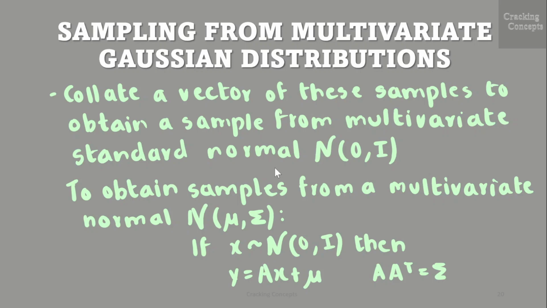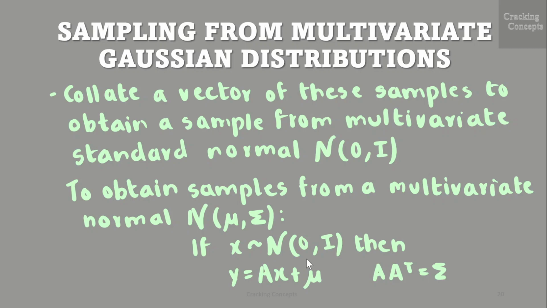Now, to obtain samples from a multivariate normal with mean mu and variance sigma, we can use the properties of linear transformation of a Gaussian random variable. That is, if x has a normal distribution with mean 0 and variance identity matrix, then y is equal to Ax plus mu, where A A transpose will be replaced by sigma, which is Gaussian distributed with mean mu and covariance matrix sigma.